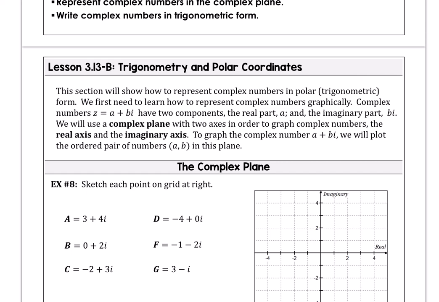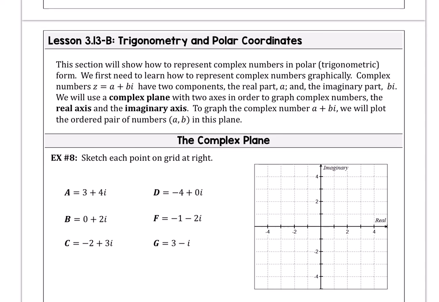We're going to use the complex plane with two axes in order to graph complex numbers. The real axis is the horizontal axis and the imaginary axis is the vertical axis.